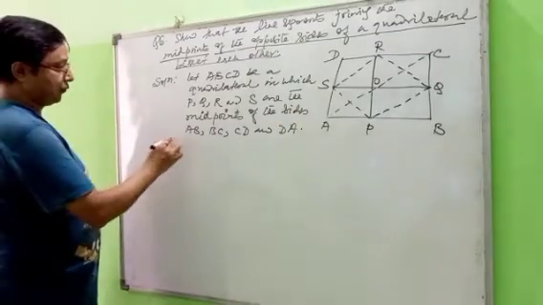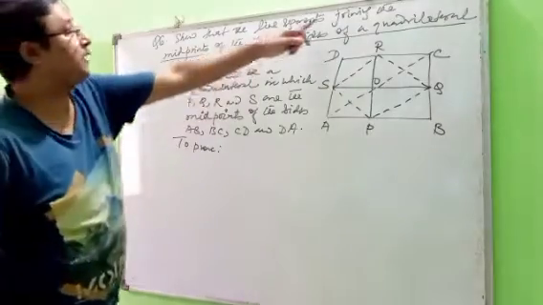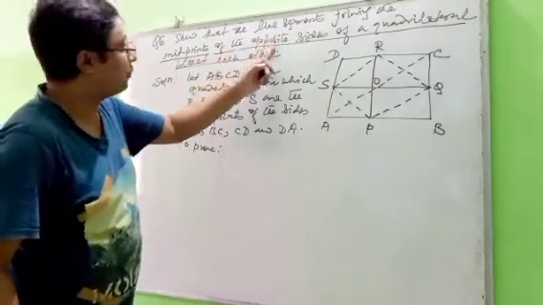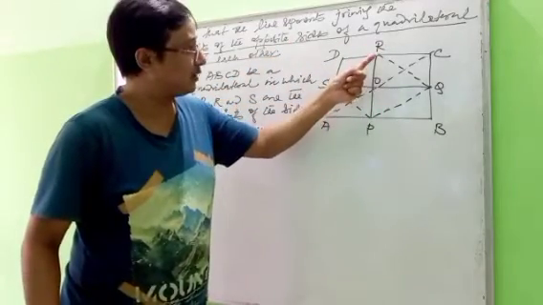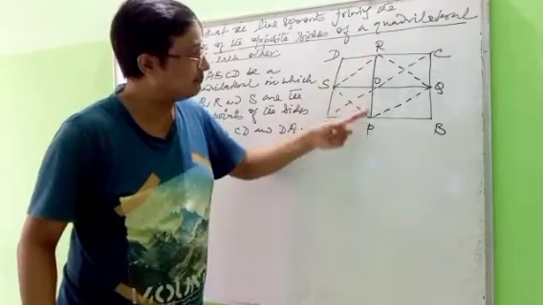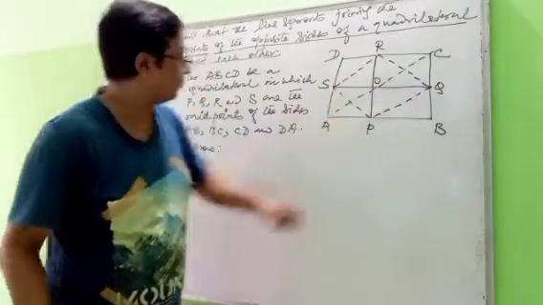Now you are to prove that the line segments joining the midpoints of the opposite sides, that is RP and SQ, bisect each other.